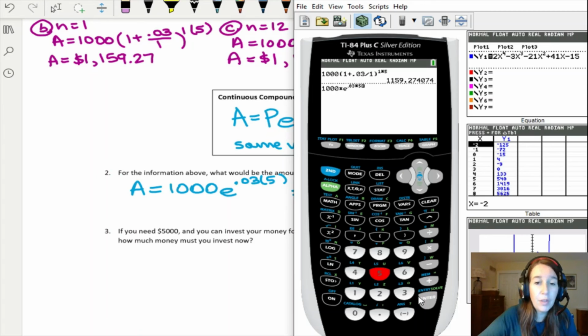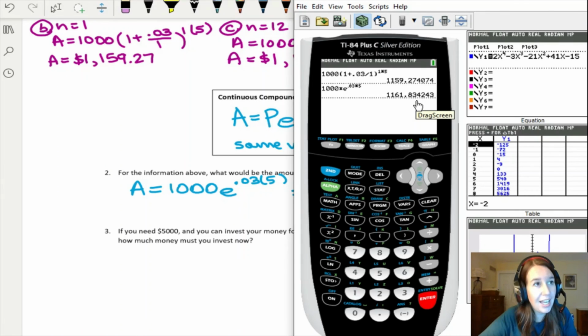Again, if you have an older calculator, when you do the caret, if it just gives you an open parenthesis, you want to put both 0.03 and 5 in that parenthesis. In my calculator, I don't need to do that because I can see that everything is up in the exponent. There we go.